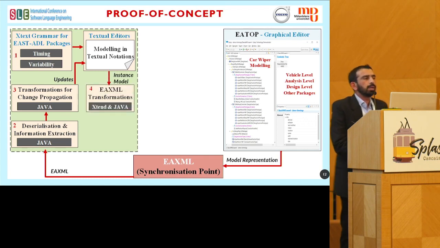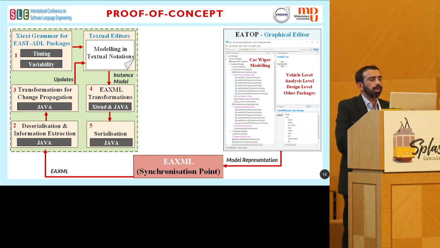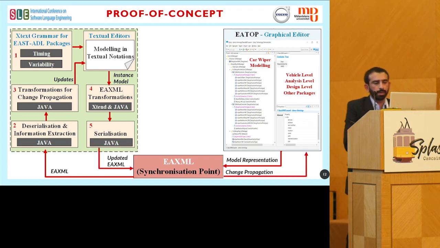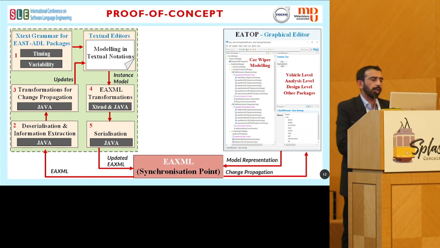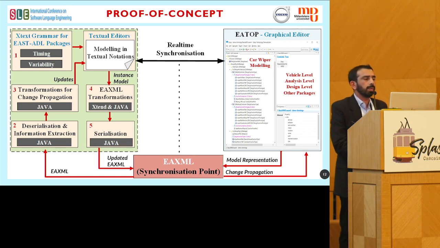And we implement the EXML transformations in Xtend and Java to convert the textual model into EXML. Finally, we perform the serialization in Java. This leads to propagating the changes from the textual editor to EA-Top. This way, real-time synchronization between EA-Top and the textual editor has been achieved.